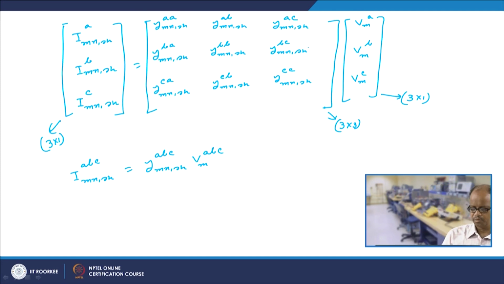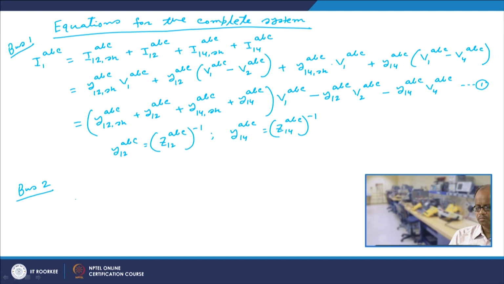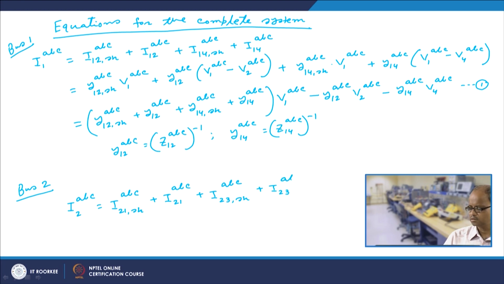So, at bus 2, I2 ABC is equal to I21 shunt ABC plus I21 ABC plus I23 shunt ABC plus I23 ABC, right.